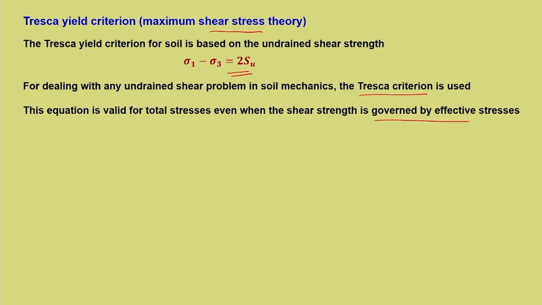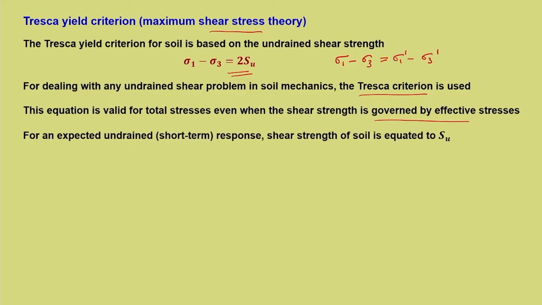So, even if I write sigma 1 minus sigma 3 equal to sigma 1 dash minus sigma 3 dash, it is not violating our understanding that the shear strength of the soil is exclusively dependent on effective stress condition.